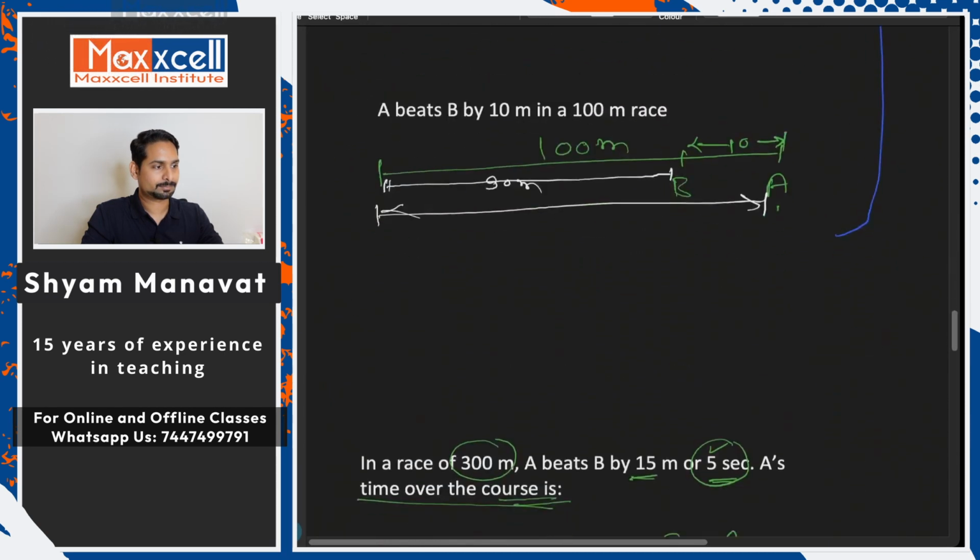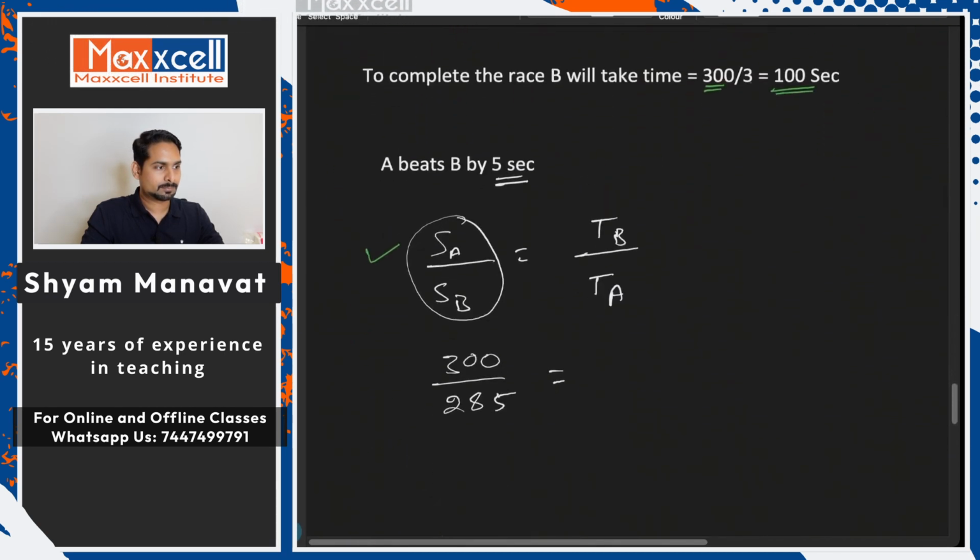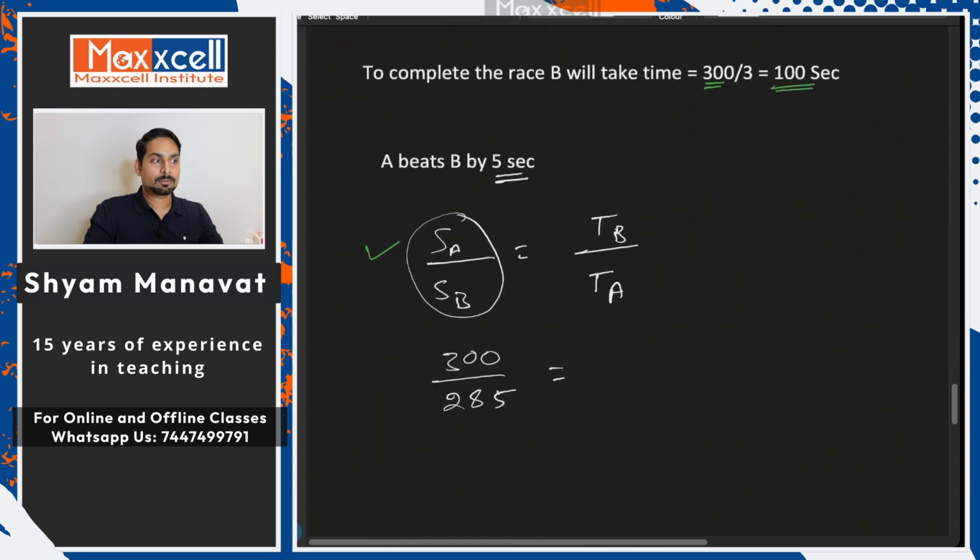Let's come back. Now the time taken for B to complete the race is 100 seconds. The time taken for A to complete the race, we need to find this out. Okay. Now this is simple. It's only cross multiplication and simplification, right?